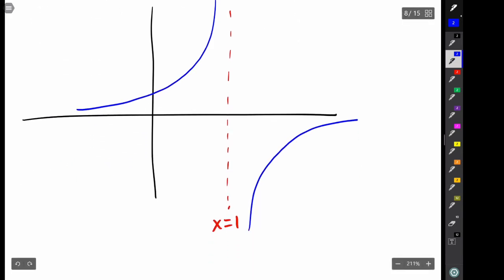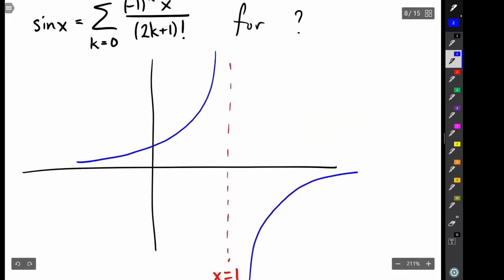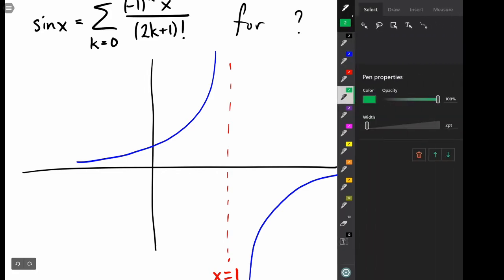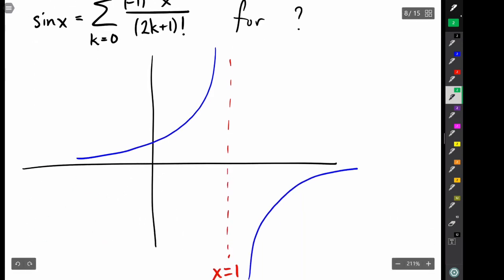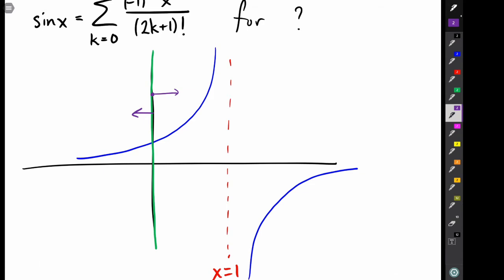All right. So what's going on here is this series up here is centered at x equals 0. So the center of the series is this green line right here. And what the radius of convergence is saying is, from this line, if we move away from it, how far can we go before one direction or the other hits a discontinuity or something in the function?